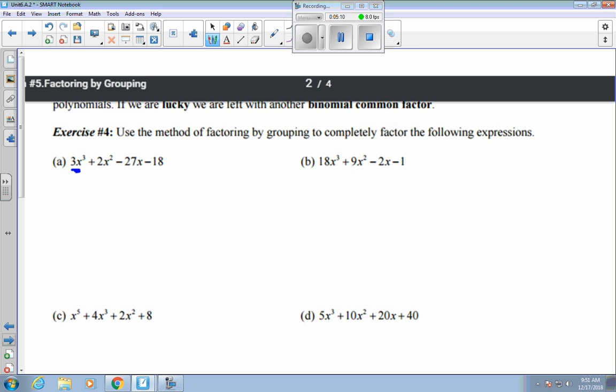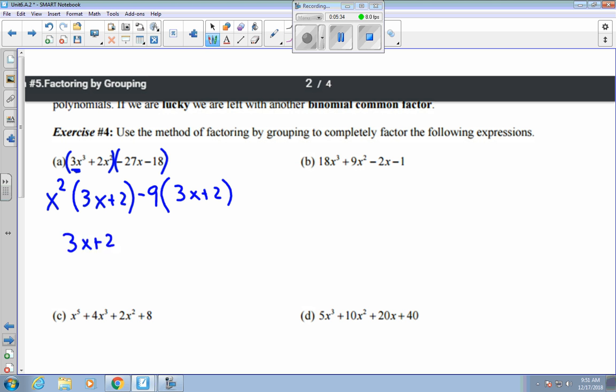So method by grouping, again, it's just like arcing. You group the first two, you group the second two. Take out the GCF, which is an x squared. I'm left with 3x plus 2. And then what do we want here? We want 3x plus 2 again. So that means I can take out a negative 9. So I have 3x plus 2, and then x squared minus 9.